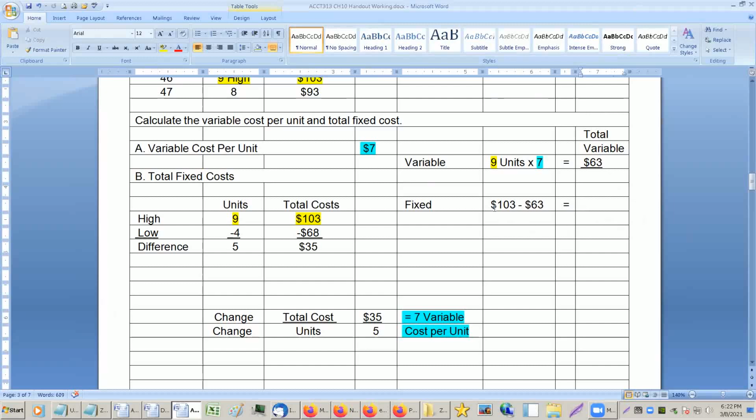Okay, so 103 minus 63. I'll make that red. Okay, so it's sort of like this. This is variable plus fixed. And so if we subtract out the variable, this is just going to leave us with the fixed.